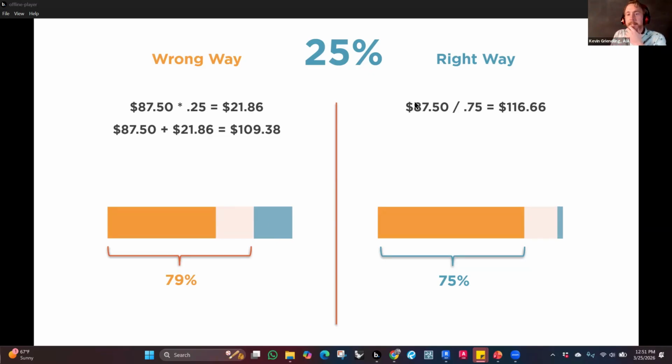So essentially, if we divide it by the inverse, that 25% is a part of what's added to the end plus the additional extra, which means that the resultant value, 87.50, is and remains 75% of 116.66. So the billable value over that 87.50 is 25%.